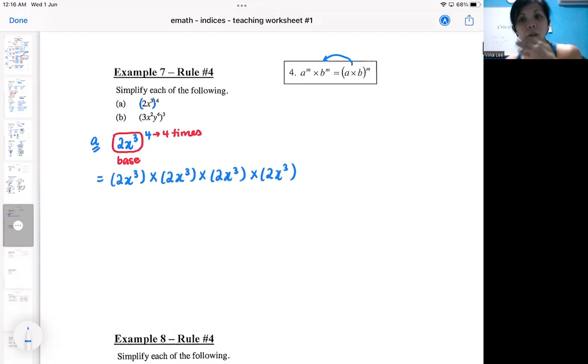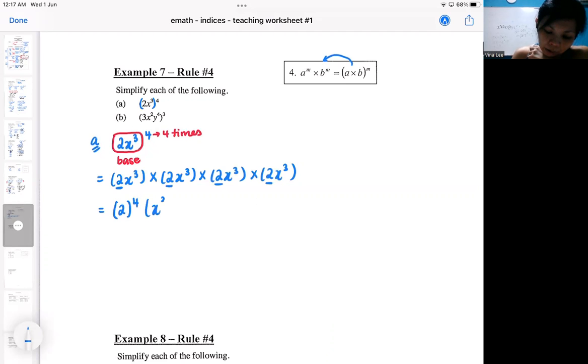It's going to be so troublesome if you're going to write it up. So imagine you're going to write it up 10 times. So the easiest way is to visualize that the 2 is repeated 4 times and the algebra is also repeated 4 times.